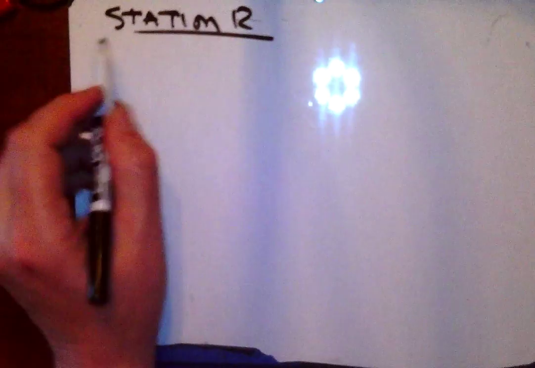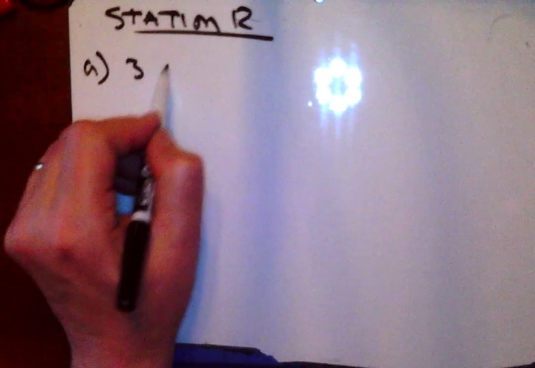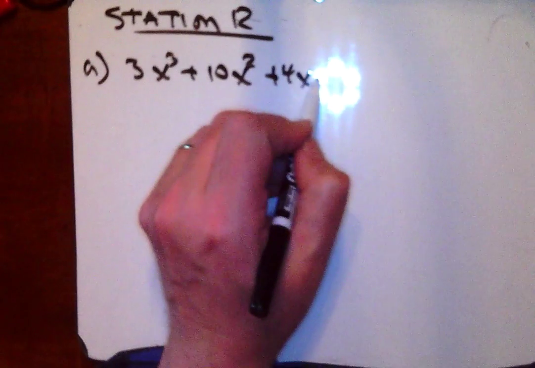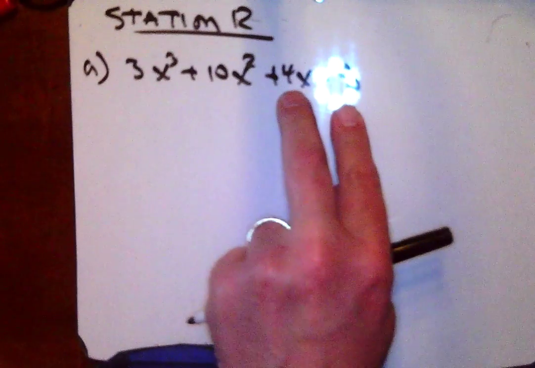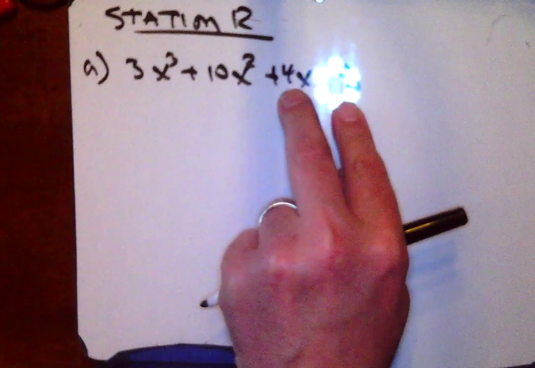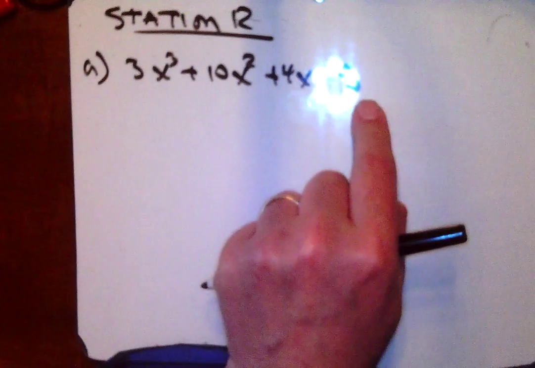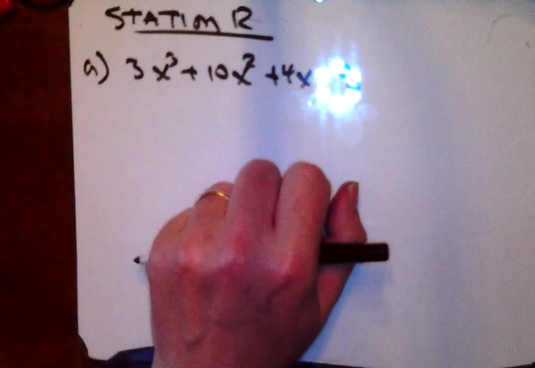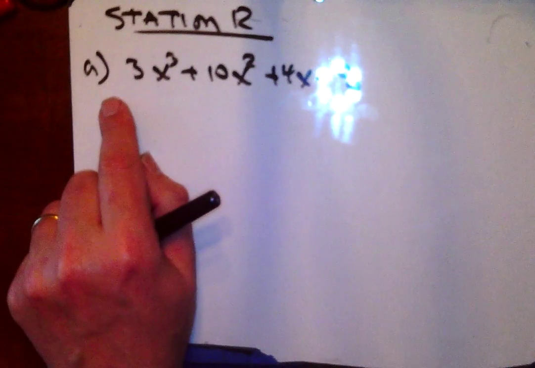Station 12, graph each polynomial. So with station 12, I've got 3x to the third plus 10x squared plus 4x minus 8. That looks like a prime candidate for factoring by grouping, and I'd end up with x minus 2. But that's not going to get x minus 2, so no, not using that. I can't use factor by grouping.